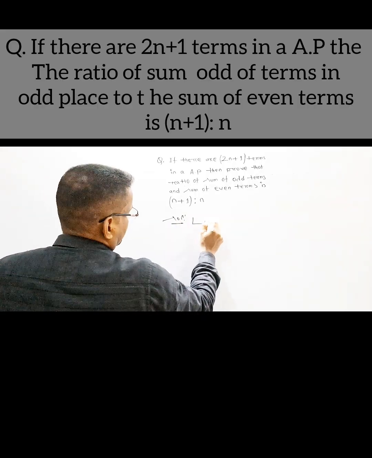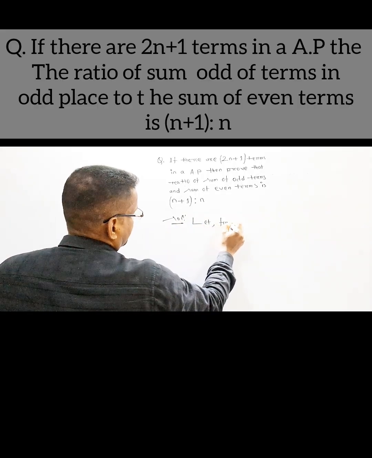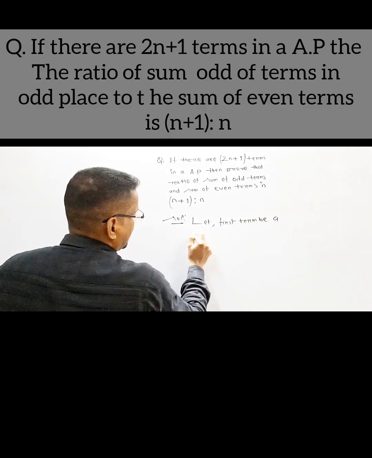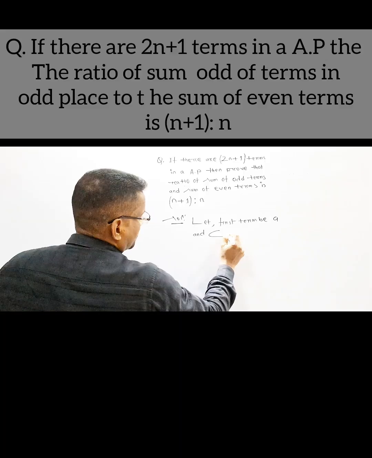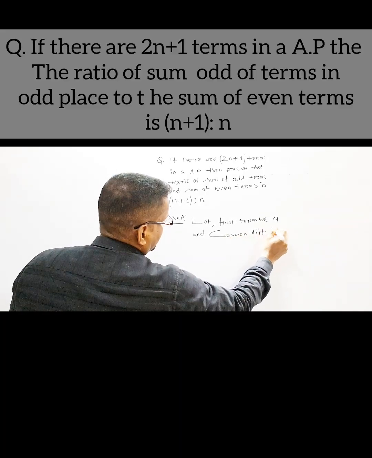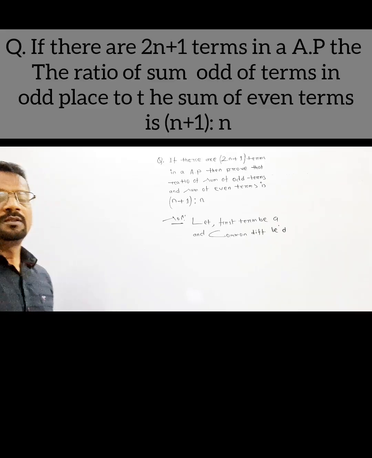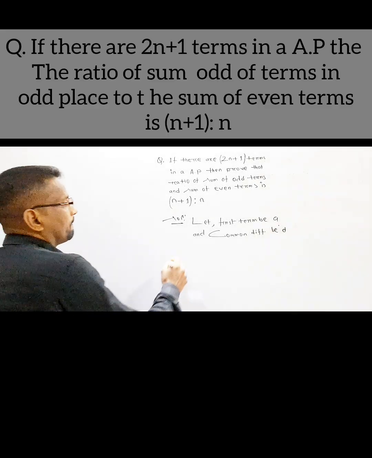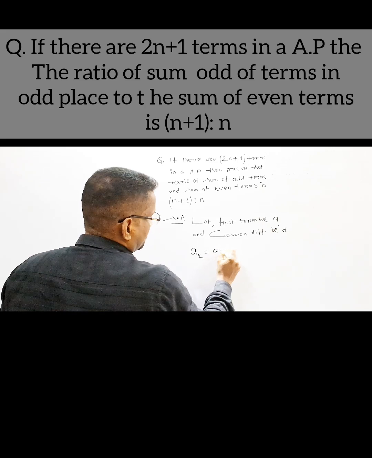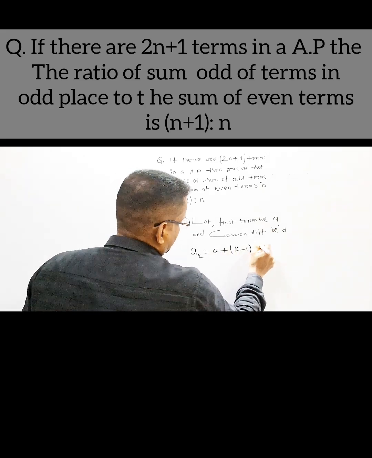Let first term be a and common difference be d. Then you write the general term a_k, that is a plus k minus 1 times d.